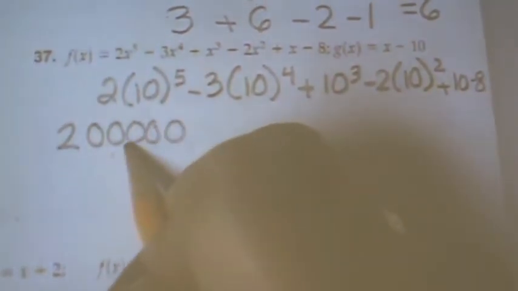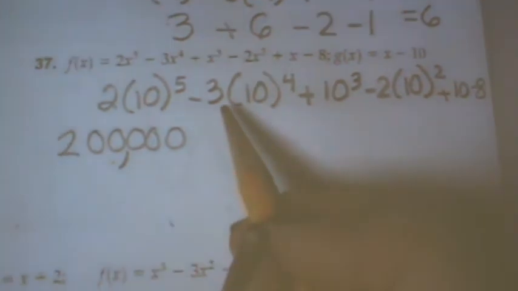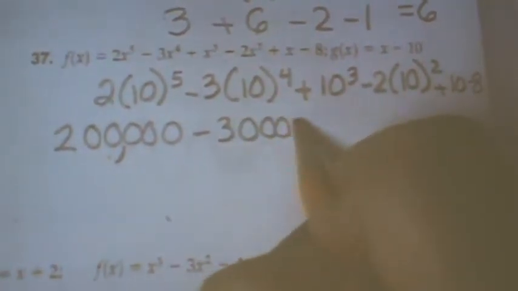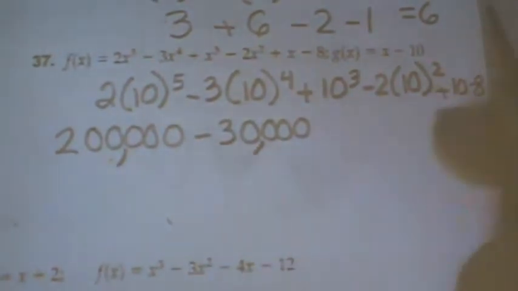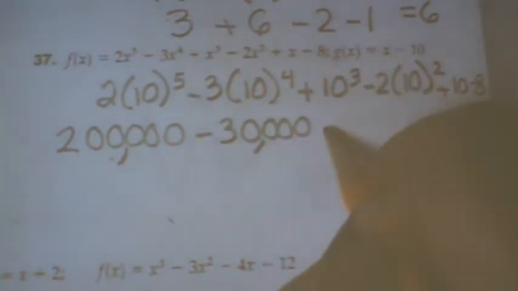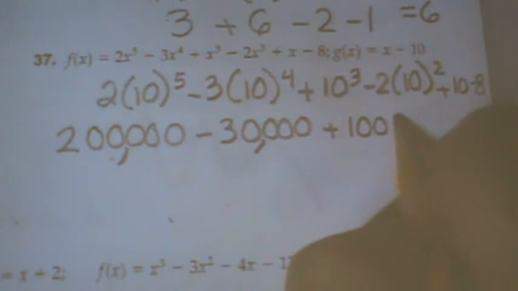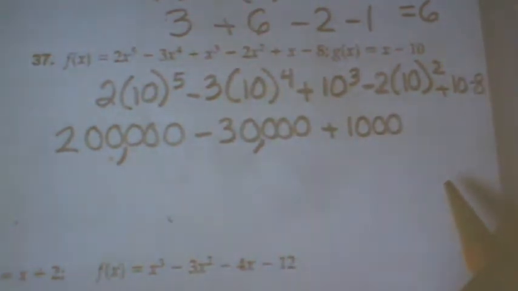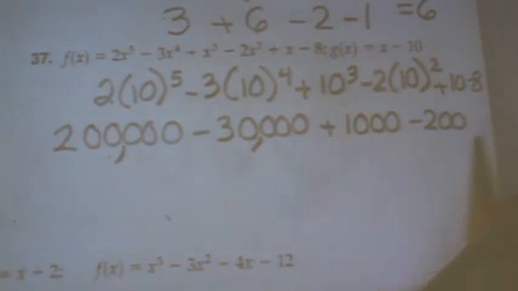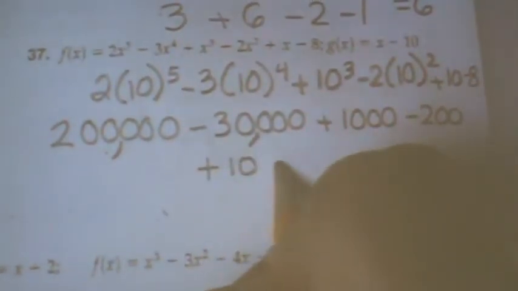So this is a 2 with 5 zeros. 1, 2, 3, 4, 5. This is a 3 with 4 zeros. 30,000. This is a 1 with 3 zeros. 200 plus 10 minus 8.